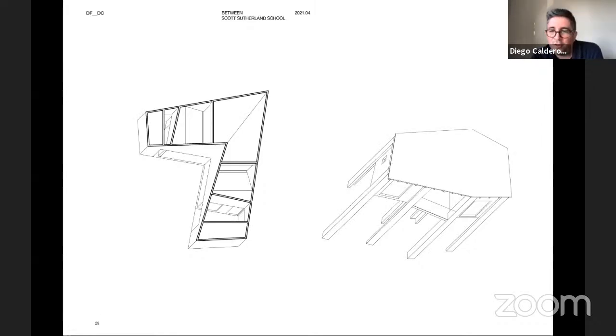So it was a good escape from this constant situation we find ourselves in as architects, that compactness and density is the goal. In this case, we could afford to take quite the opposite attitude.